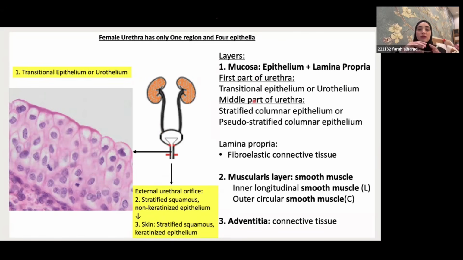The middle part is stratified columnar or pseudostratified, just like the male urethra. The last part, the external urethral orifice or meatus, has stratified squamous, non-keratinized. And when it goes into the skin, it's keratinized epithelium.